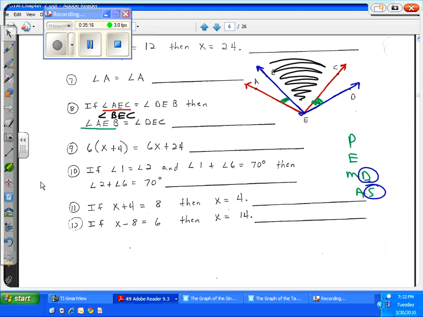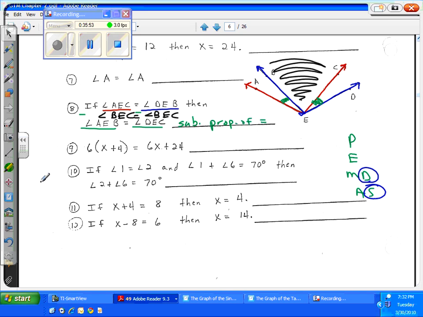See that? If I started out with that big blue angle, DEB, and I took away that same black angle, angle BEC, it would leave me with the other little green angle, angle DEC. So I must have subtracted angle BEC from the two big ones to get the two little ones. So I can justify that statement with the reason, subtraction property of equality.